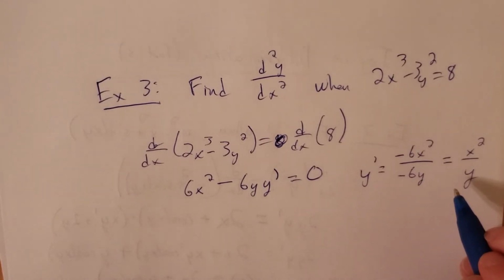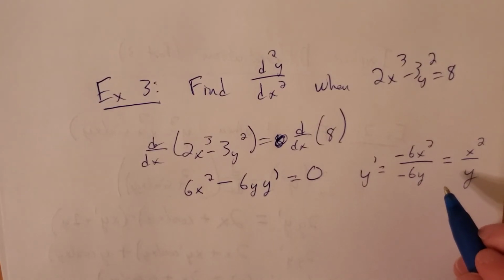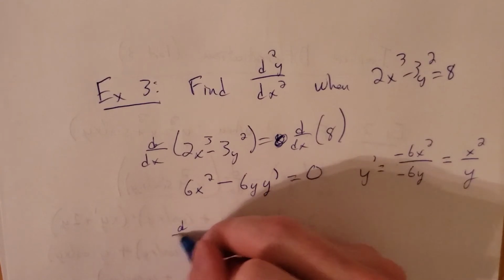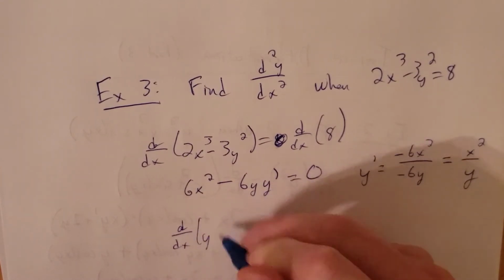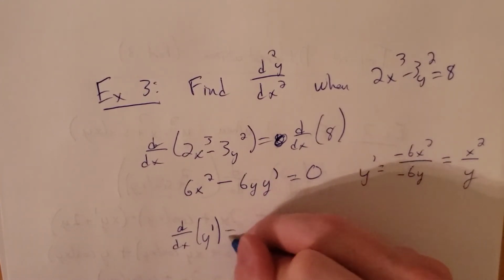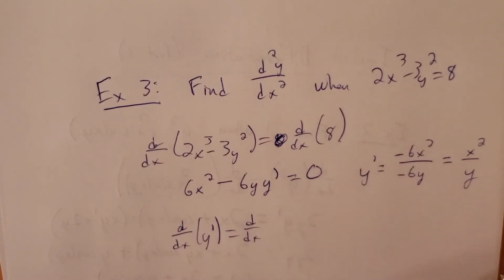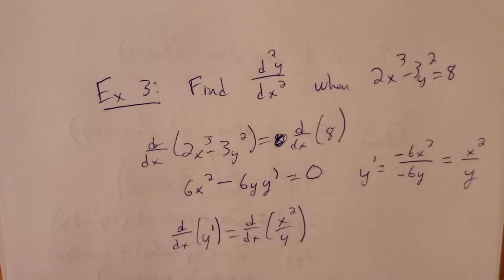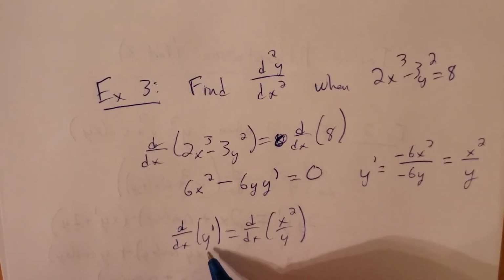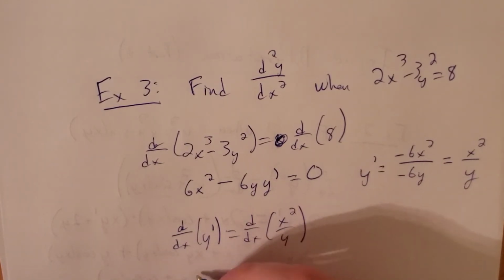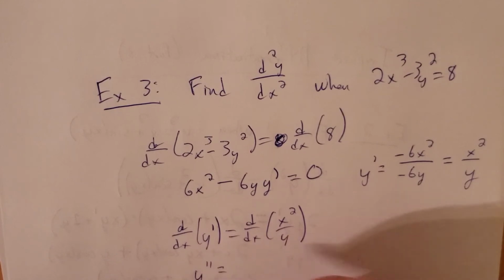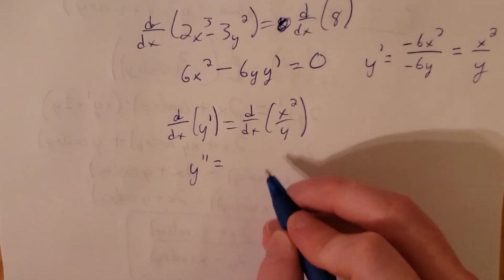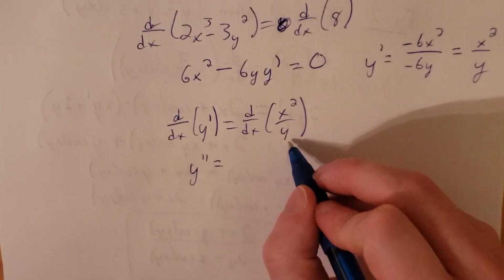All right. Now let's take the second derivative. And so we take the derivative with respect to x of y prime is equal to the derivative with respect to x of x squared over y. The left-hand side here is y double prime. That's just the second derivative. And the right-hand side requires us to use the quotient rule.